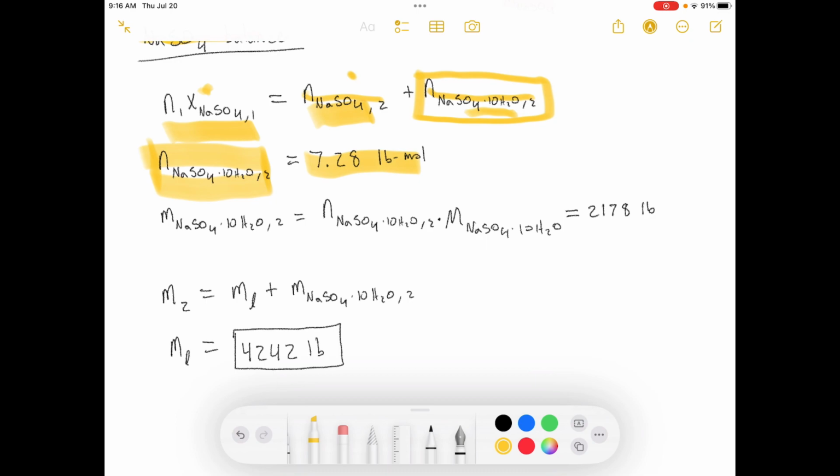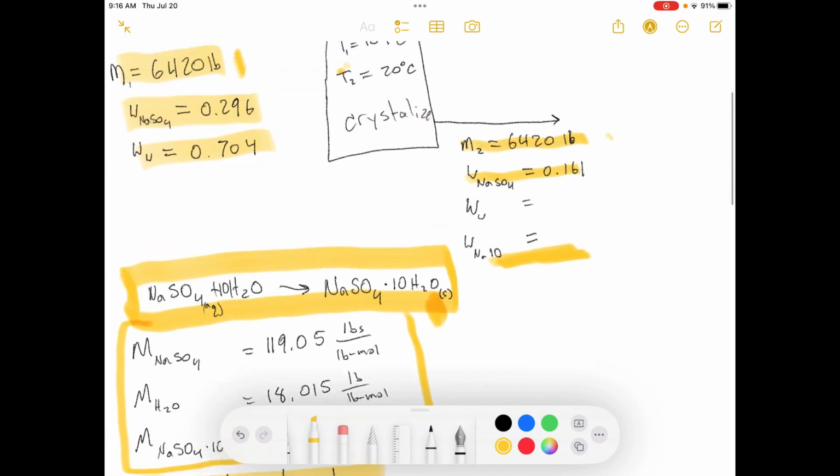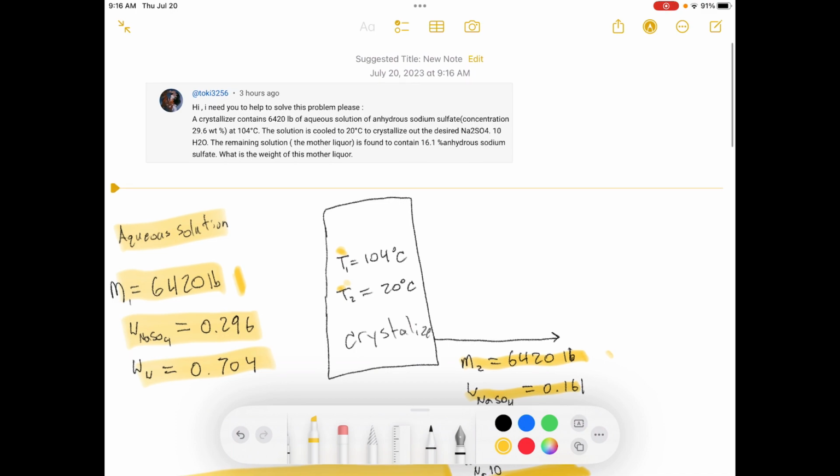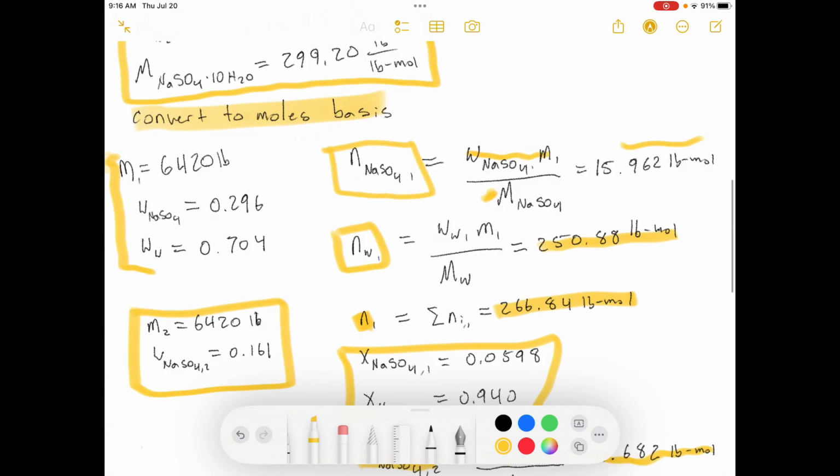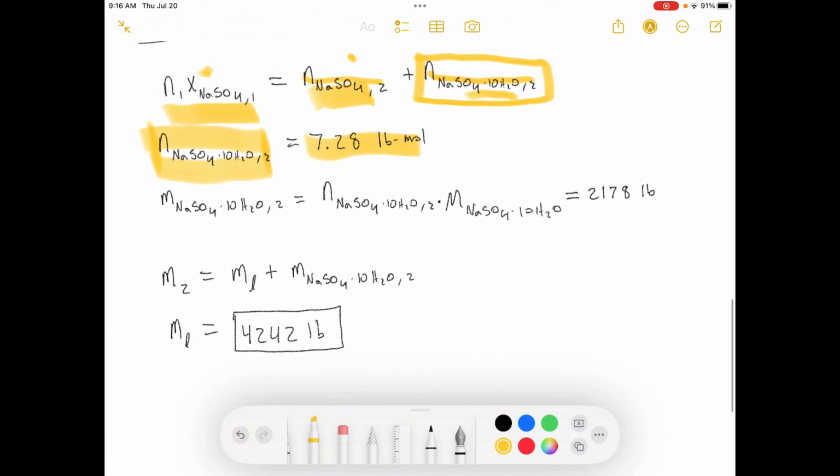Then we go back into mass, because the whole point is to know the weight of the mother liquor. So we need to know how much mass this equals. How much mass did we lose to the crystallization process? We now have the number of moles, so we can just use the molar mass to figure out how much mass that is.